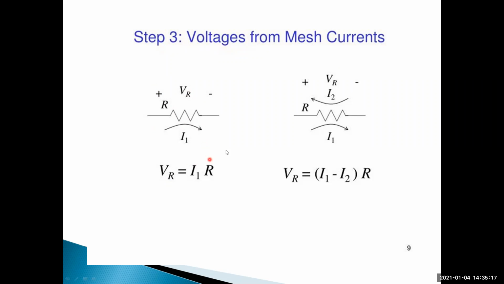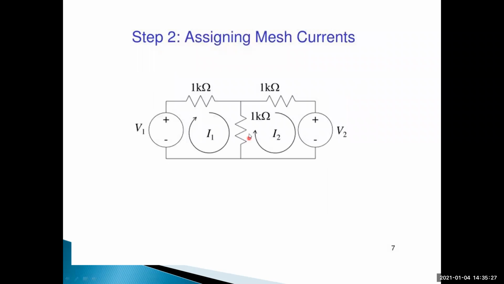So that's it. And then the current is in the clockwise direction in one mesh, and this current is in the anti-clockwise direction in the other mesh. Here, mesh loop 1 current is in the downwards direction, here current is in the upwards direction. The two current directions are opposite.